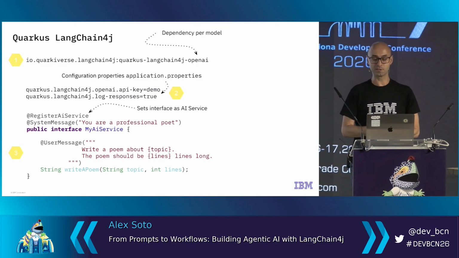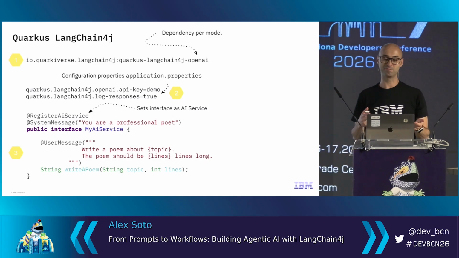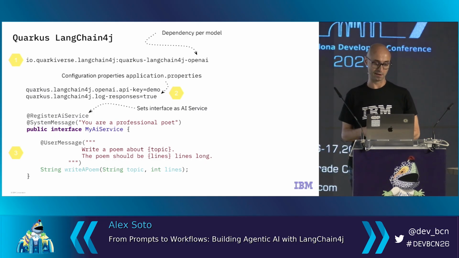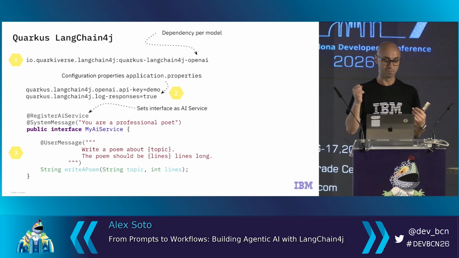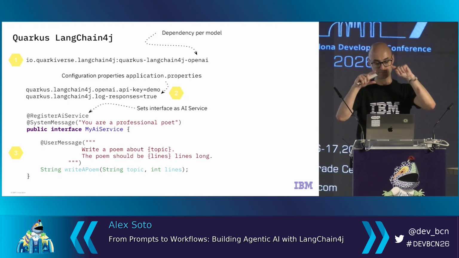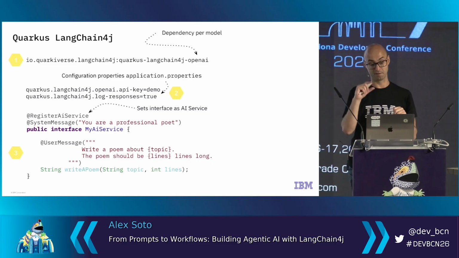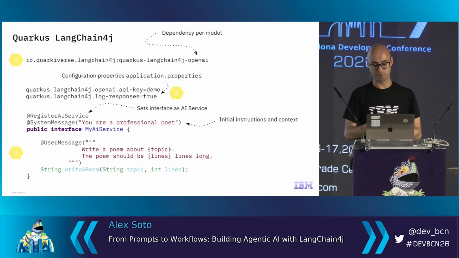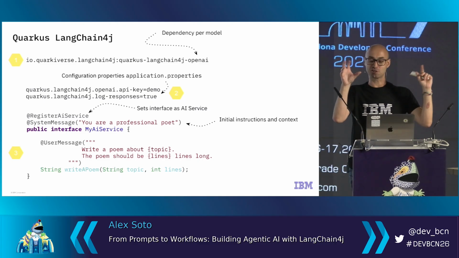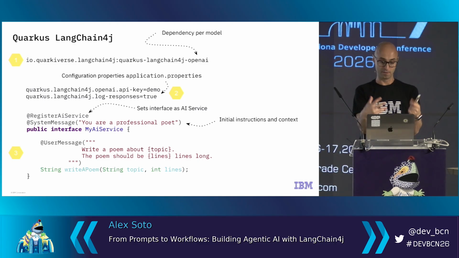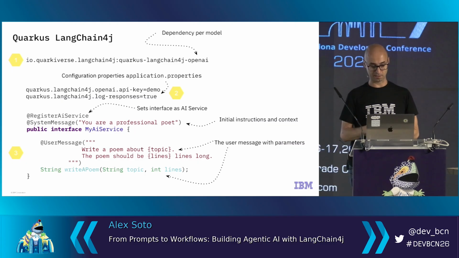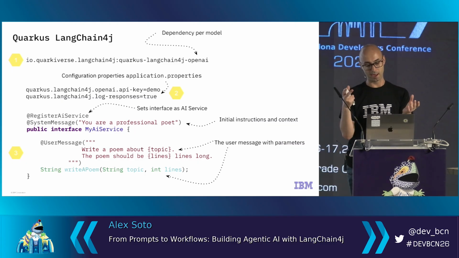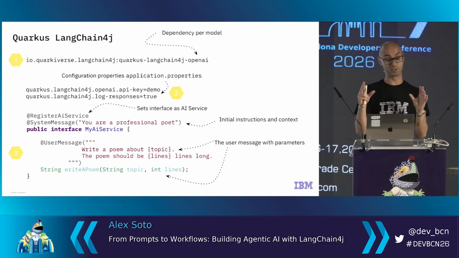Then, we only need to create an interface, and that's what I love about LangChain4j, because I do not need to write any class, just an interface where I say, hey, you see here, I'm saying register as AI service. I'm saying this is an AI service, okay? Then I want to add some kind of system message, so like initial instructions and context for the model. And then you see here that I'm setting the user message. And you see that this user message is a prompt, and it's kind of more complex because it's not just text.